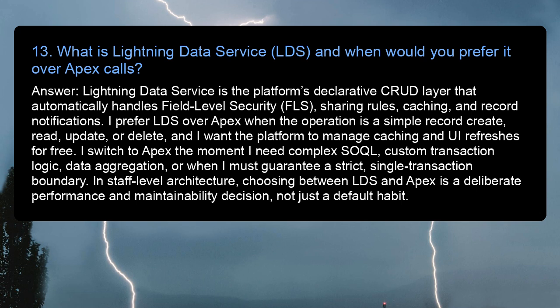I switch to Apex the moment I need complex SOQL, custom transaction logic, data aggregation, or when I must guarantee a strict, single transaction boundary. In staff-level architecture, choosing between LDS and Apex is a deliberate performance and maintainability decision, not just a default habit.